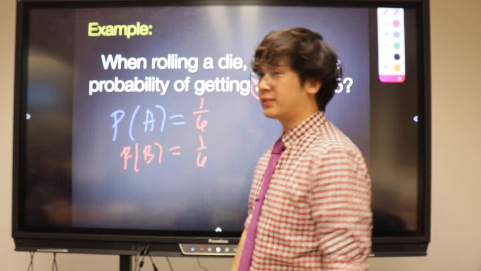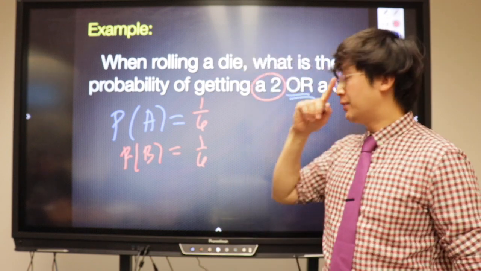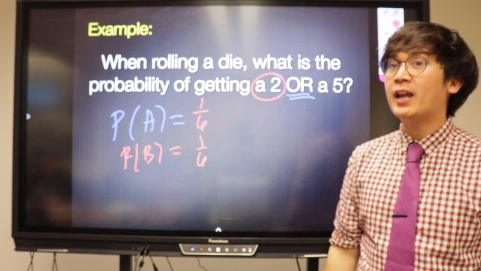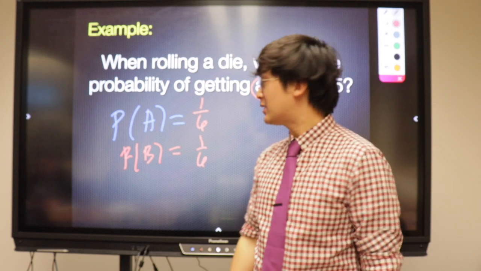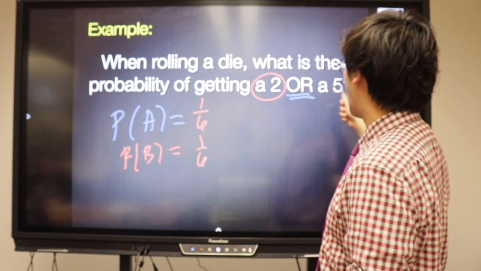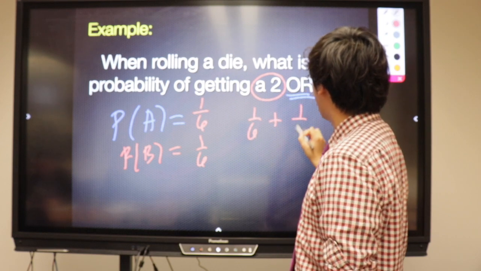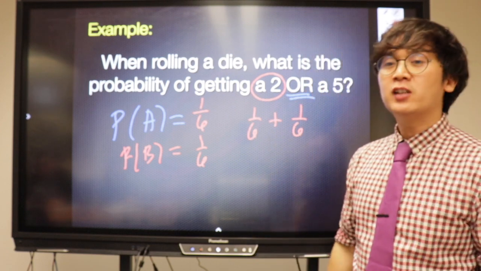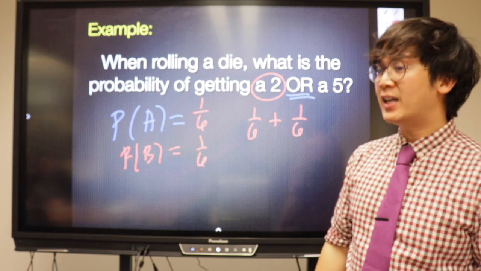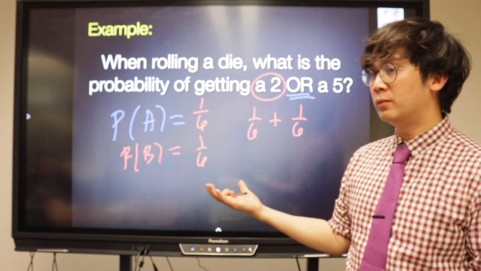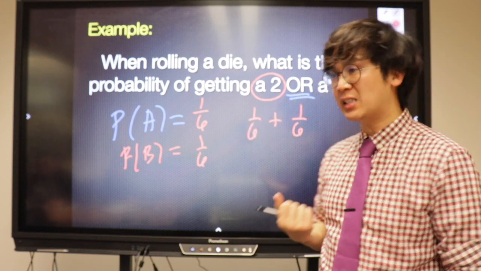Also 1 out of 6. So, the OR operation is basically addition in probability. In this case, getting a 2 or a 5 is 1 out of 6 plus 1 out of 6. So that's the probability that this will occur if you roll a die this many times.